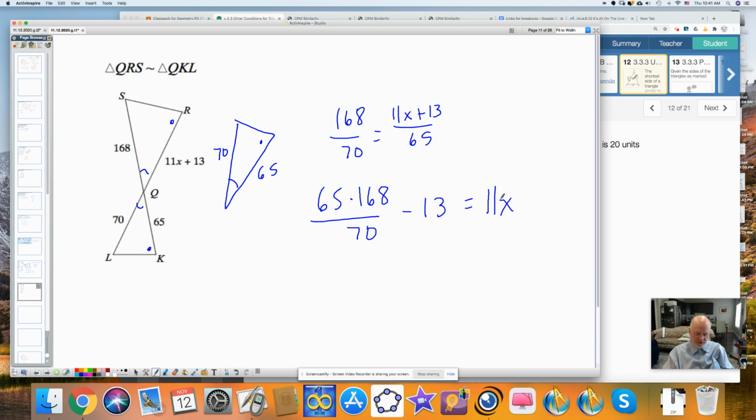And then I'm going to subtract 13. And I get 143 is equal to 11x. And so when I divide 143 by 11, I get x is equal to 13. Big numbers, same procedure. Good luck and success.